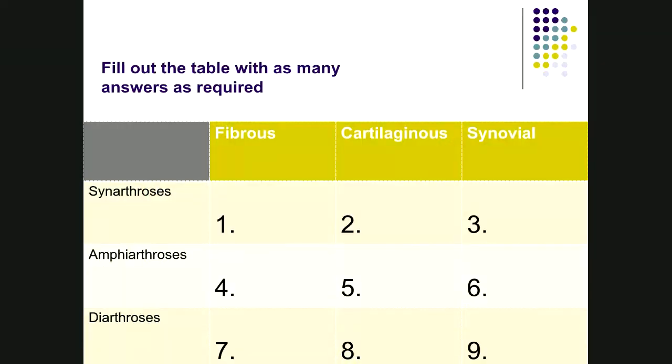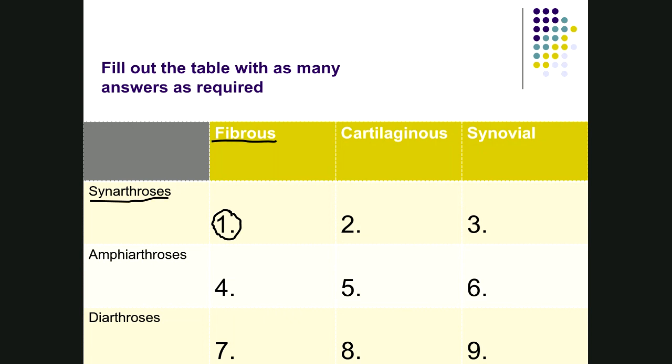Well, one of the things I might ask you to do is name some of these joints. So look, I might ask you to fill this table out. Number one is name as many joints as you can that are both fibrous and synarthrotic.